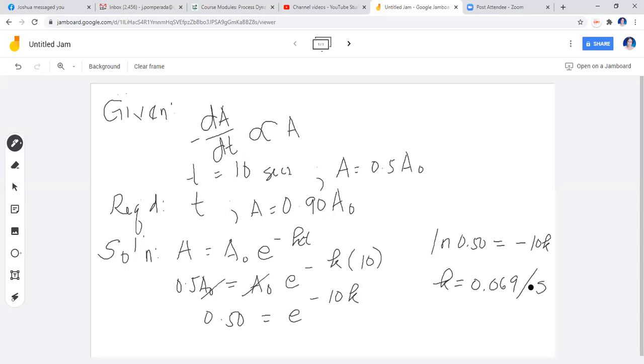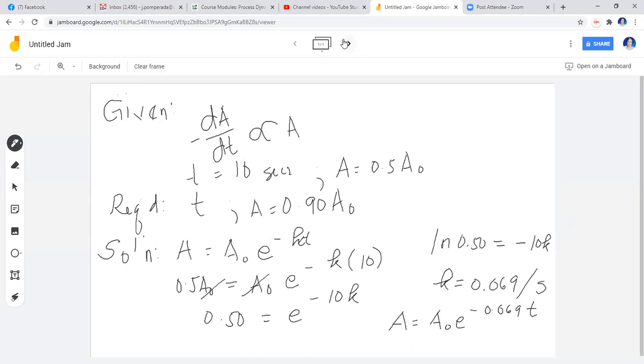So that's per second. So that's your K already. Now, your original formula now has this specific form. So A is equal to A sub O E raised to negative 0.069 T. So that would be the formula that we'll be using so we can determine the T here.